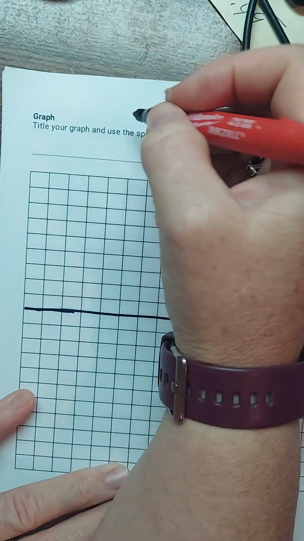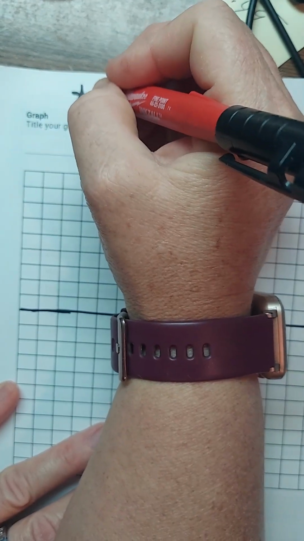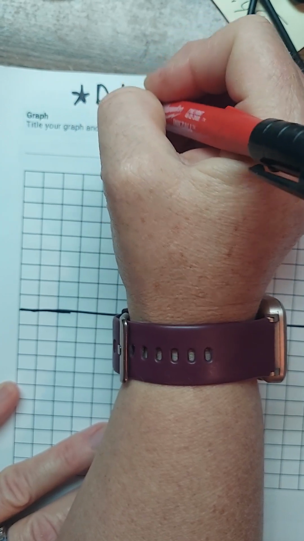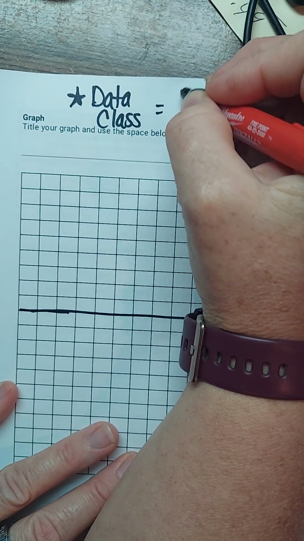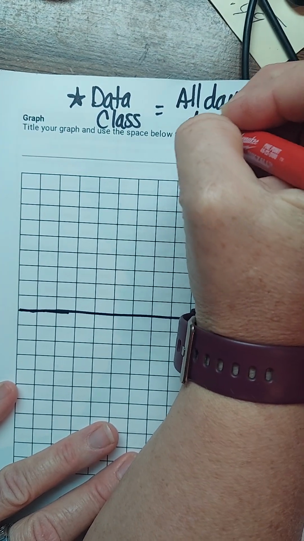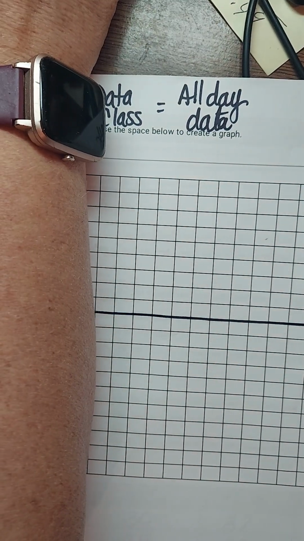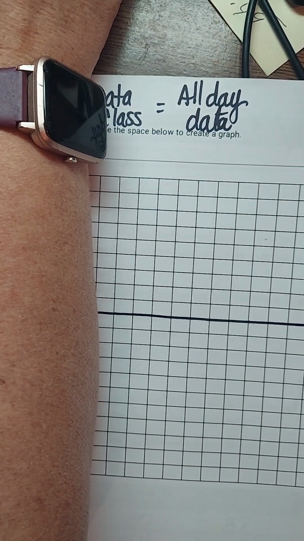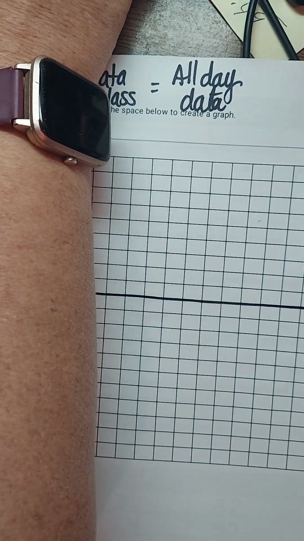We're going to use our own data from our class, and then we're going to look at all day data. On our spreadsheet, let me go to our spreadsheet real quick so you can see.